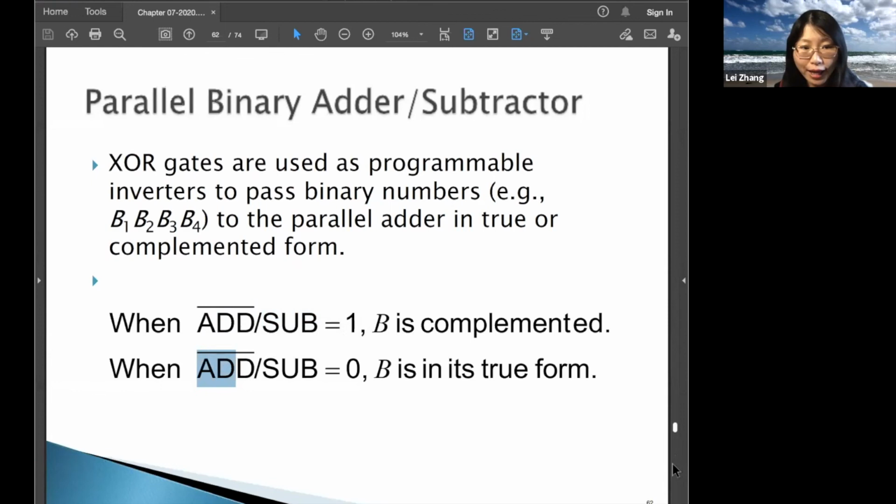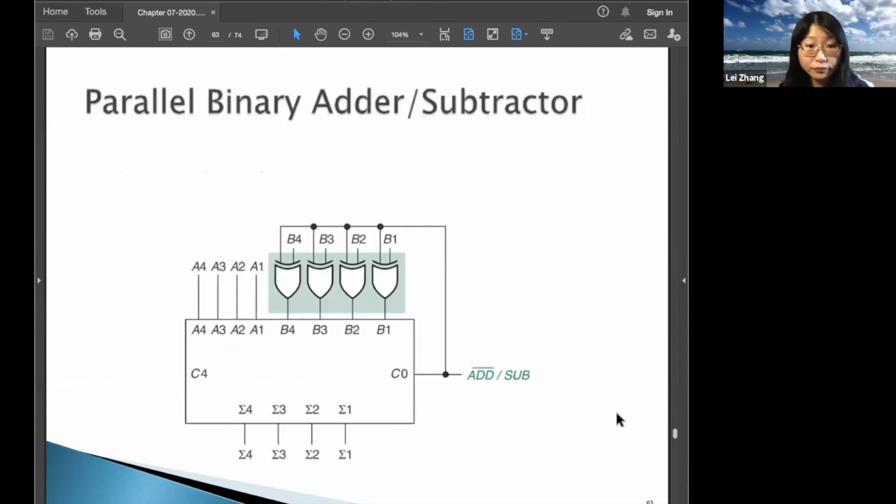Let's have a look at the connection. Previously we have inverters. Now we have XOR gates. So how does this XOR gate work? One input of the XOR gate is this carry in bit, which is this ADD / SUB.